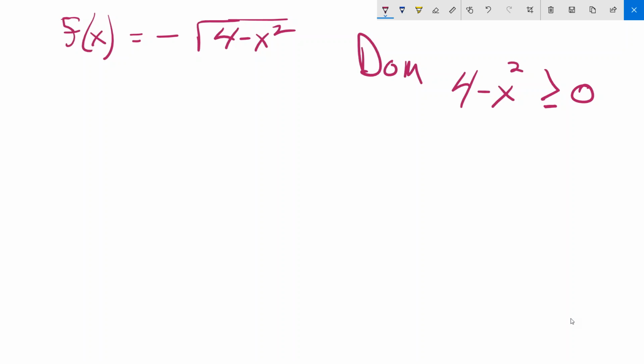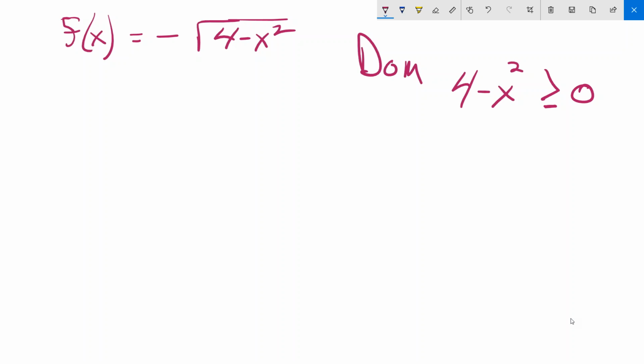So now we need to solve that. So can you solve that inequality? Wait, what did you say? X is greater than or equal to 0? No, do I have what's under the radical correct?